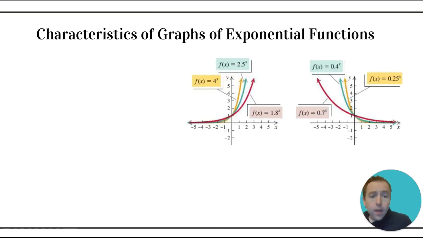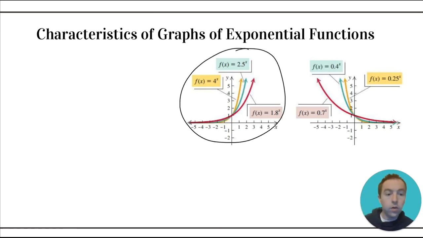So you'll notice that you can very easily figure out whether it's going to be growth or decay based on whether your base is a certain type of number. So these graphs right here were all exponential growth. And that's because the bases are like 4, 2.5, and 1.8. So the bases are actually greater than 1 in those cases.